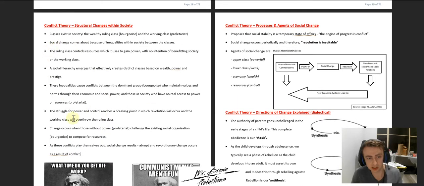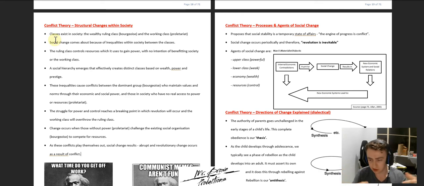So to summarize, you've got two classes in society, the wealthy class and the working class. The guys at the top who hog all the power, wealth and prestige and resources, and they use it only for their own benefit. And then the guys at the bottom are sitting there doing all the hard work and getting little of the reward. They're treated poorly, they've got low social status, they don't have much money, they don't have much power, wealth or prestige within their society, and that makes them angry.